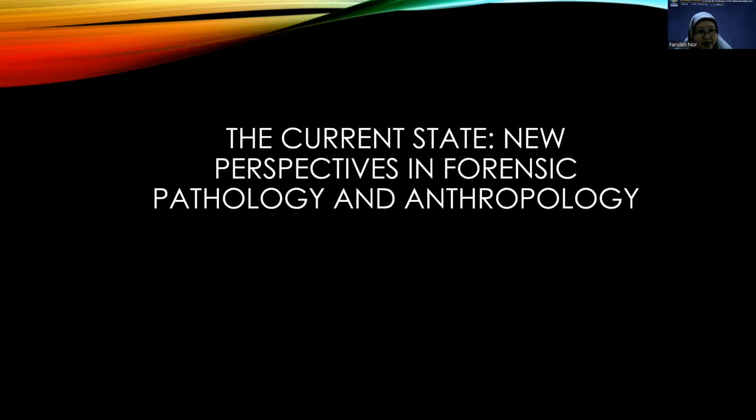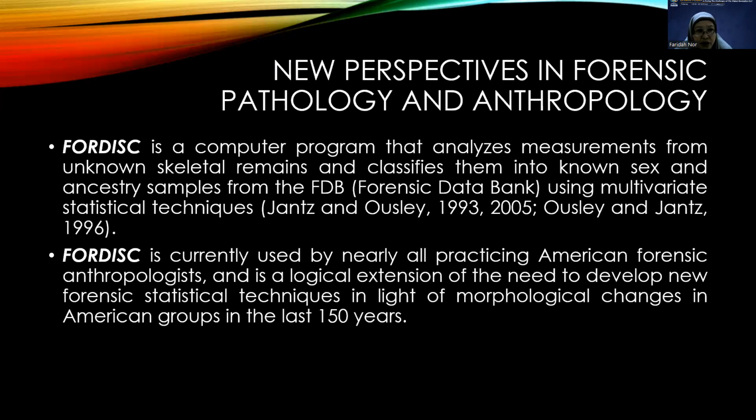Let's go to the current state in order to see the new perspectives in anthropology. FARIDAH is a computer program that uses statistical methods to analyze measurements from unidentified skeletal remains. It helps to determine sex and ancestry by comparing the data in the database.